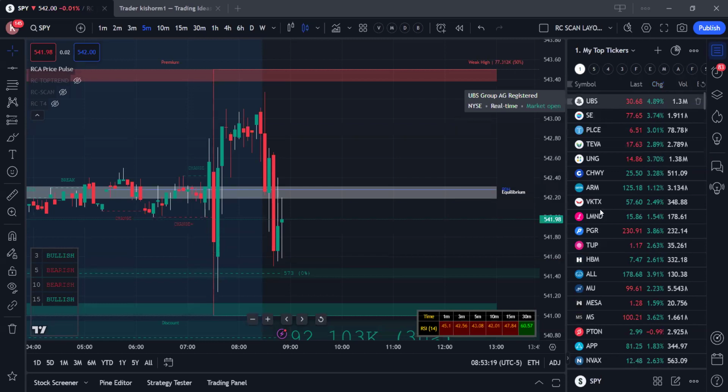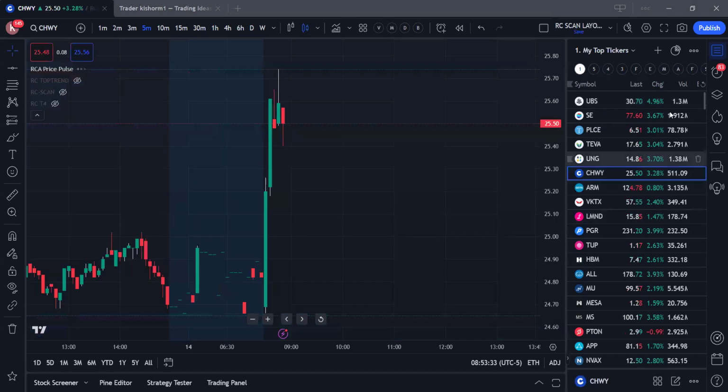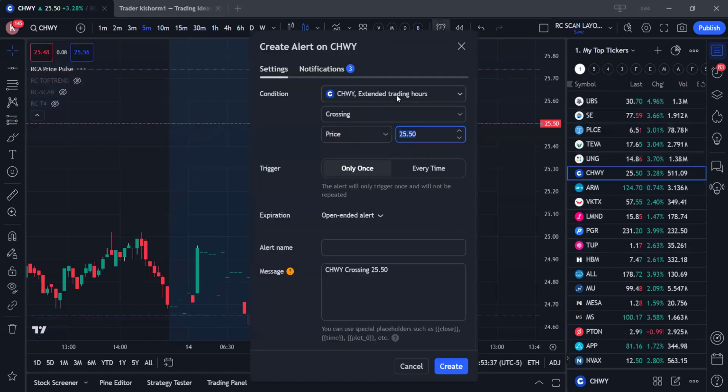Create buy and sell alerts. For example, if you want to create on Shoei, right? These are the stocks where there is a lot of volume and also there is a lot of change.